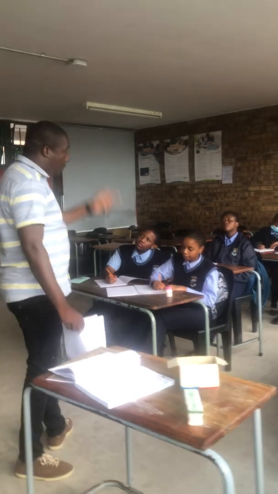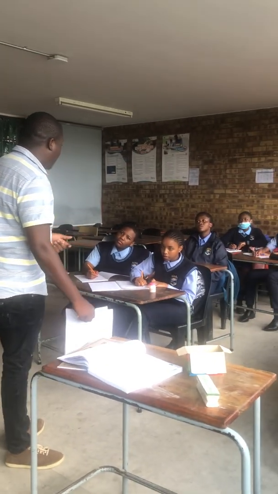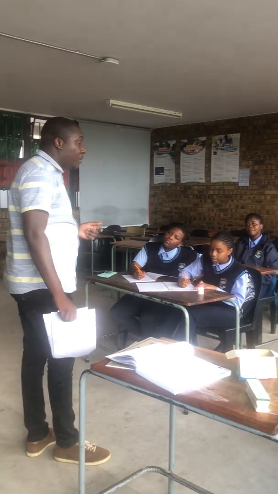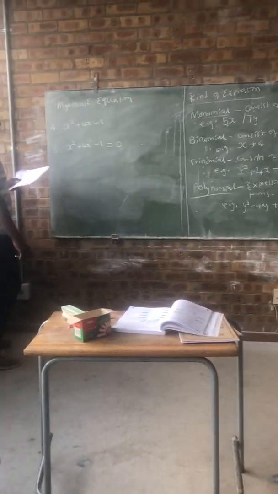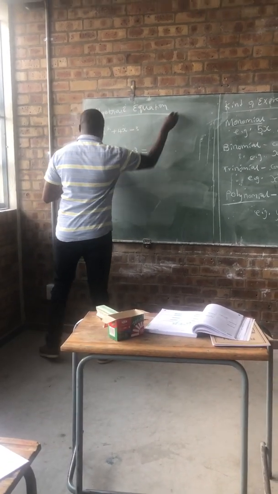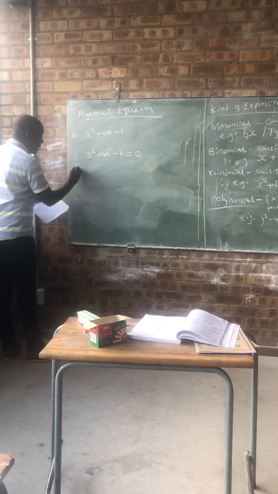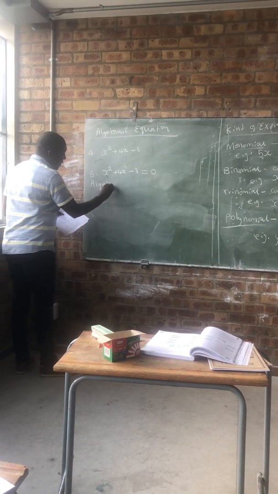But on an expression, you only simplify because you are not looking for the value of the unknown. Here, our unknown is x squared or x.